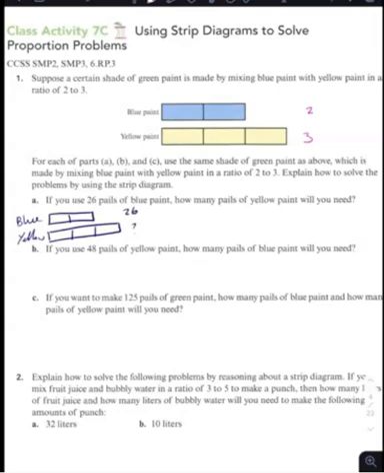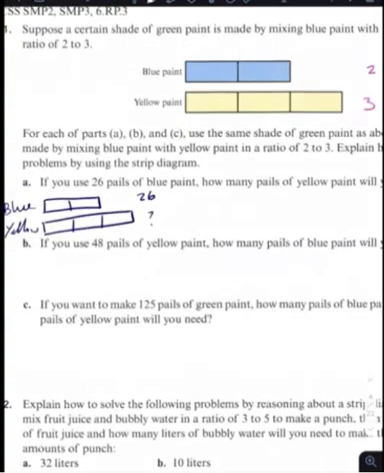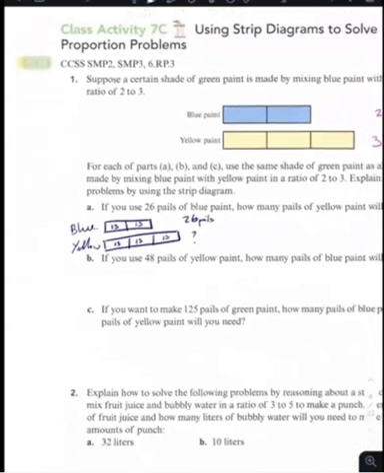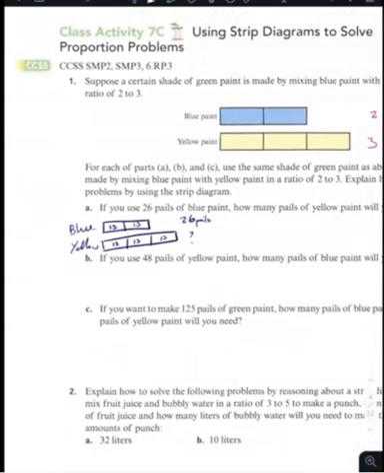Well, sure, we could go do the proportional reasoning, but here it's actually going to be a little bit easier to say, well, if the two blue blocks are 26 pails, then wouldn't that mean that this is 13 pails and this is 13 pails? And if we're counting a ratio of 2:3, then we should be counting the same unit in both blue and yellow paint. So shouldn't this also be 13s? Then each of the rectangles will be 13 pails.